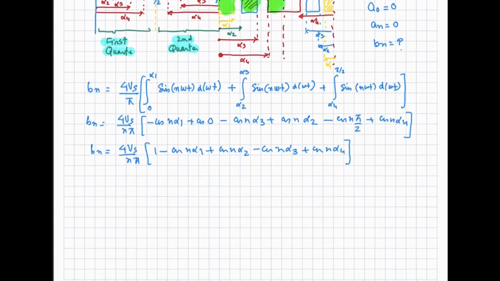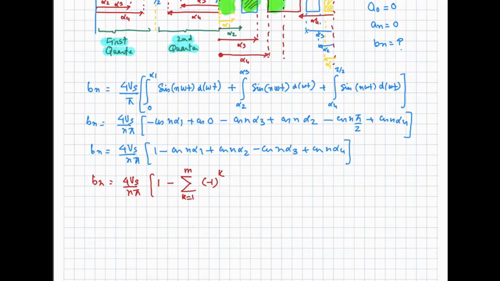And I can write it like this: Bn is equal to 4Vs by n pi, 1 minus summation of minus 1 power k into cos of n alpha k, where k is varying from 1 to m, and m represents the number of notches or edges per quarter cycle.